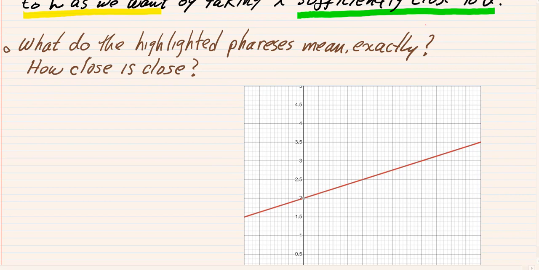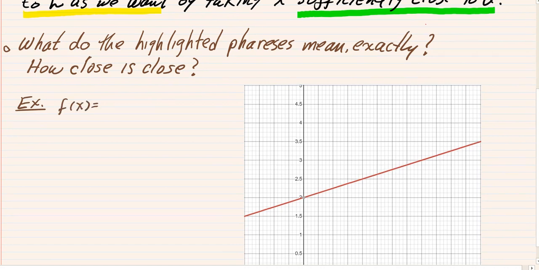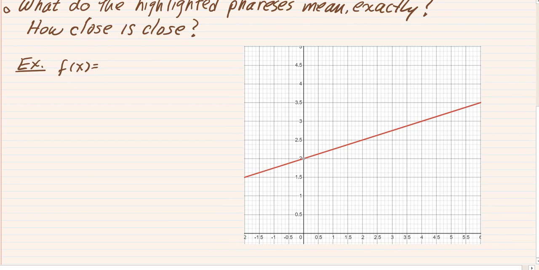So let's begin. In this example, let me make up my own example here. I'm going to call f of x a linear function. You already see a graph of this function. The function I have in mind has a y-intercept of 2, and the slope of this line is 1/4, which is 0.25.